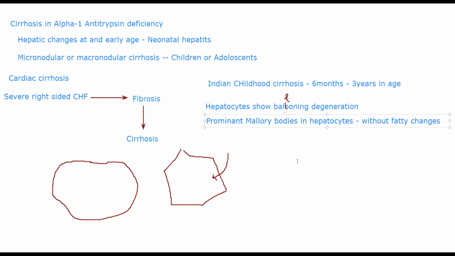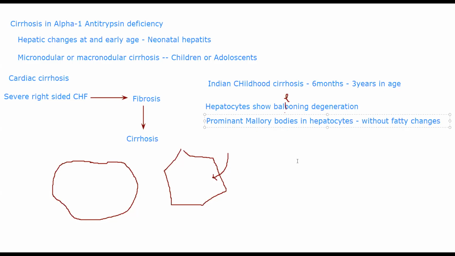Okay, so whenever a patient has Mallory bodies seen in the liver, you can surmise that they definitely have some sort of severe liver damage. It is also seen in Indian childhood cirrhosis. So Mallory bodies are seen.